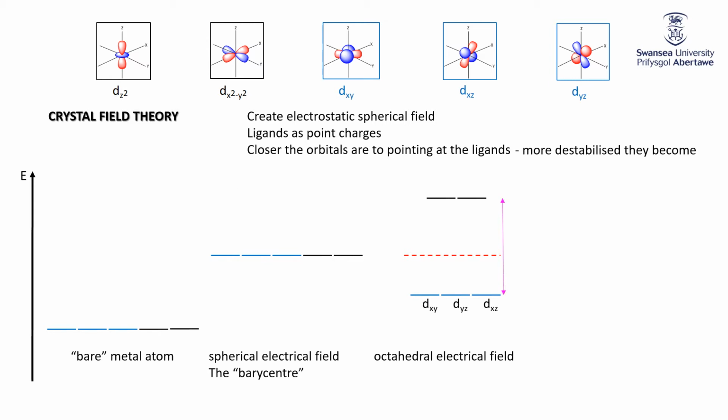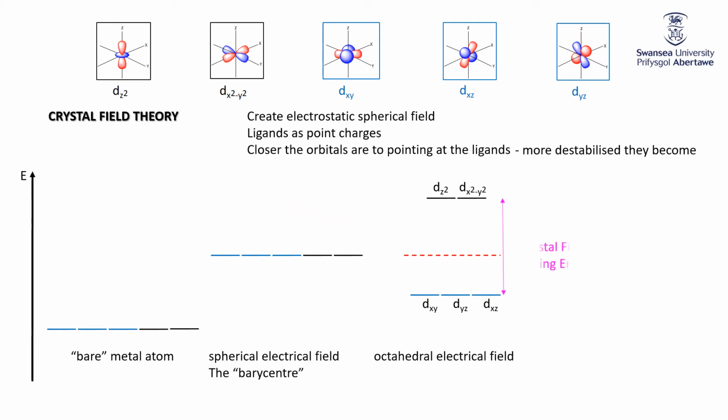So our 3 groups there, dxy, dyz, and dxz, the ones pointing in between the axes, and the dz squared and dx squared minus y squared, the ones pointing straight at those ligands. The octahedral field splits into 2 because 2 of the orbitals are pointing directly at the ligands, so those are the higher energy ones. 3 of the orbitals are pointing in between the ligands, so those are the lower energy ones.